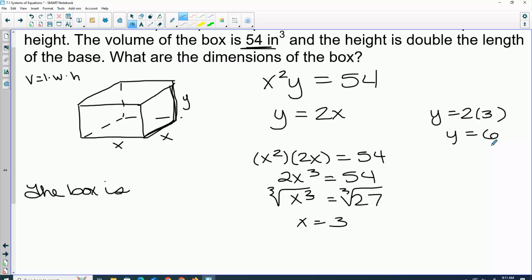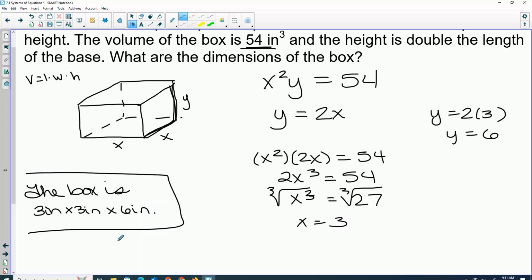I want my dimensions, so length times width times height. So the box is x is 3, so 3 inches by 3 inches by 6 inches. Or you could say the base is 3 inches long and the height is 6 inches.